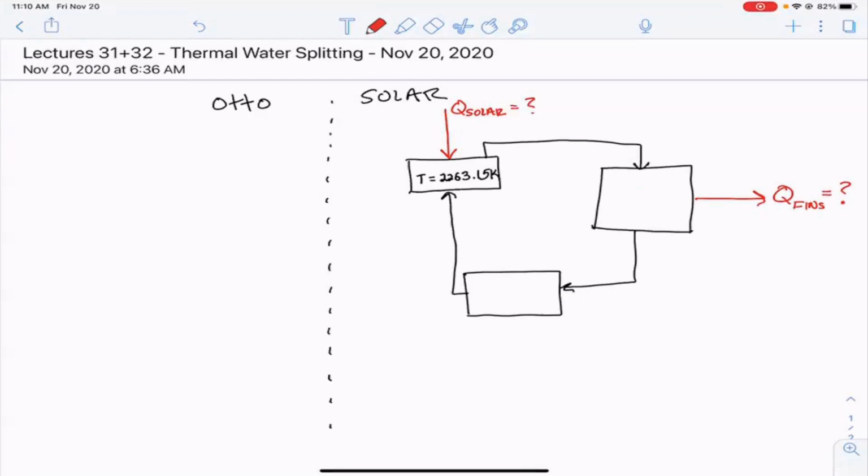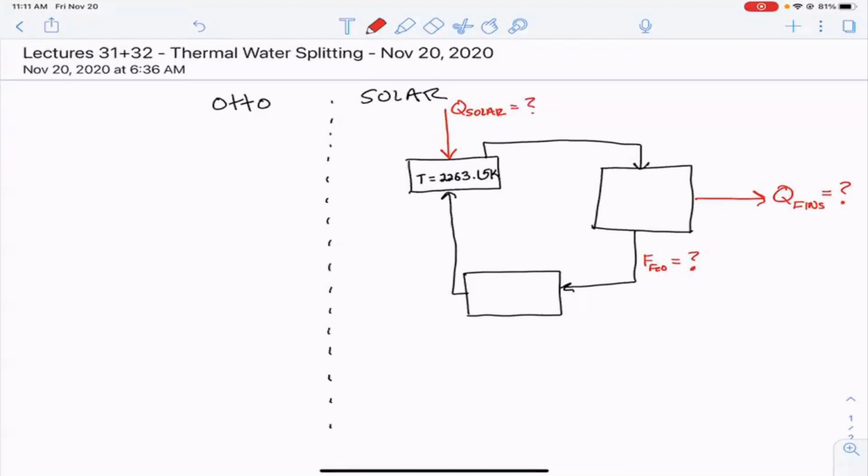Now we know when we reach the fins that we're completely FeO, we're completely the Wüstite phase. And because this thing is spinning, we're going to represent the spinning rate as a flow rate. So we're actually going to say, when you get to here, the flow rate of FeO is also unknown.